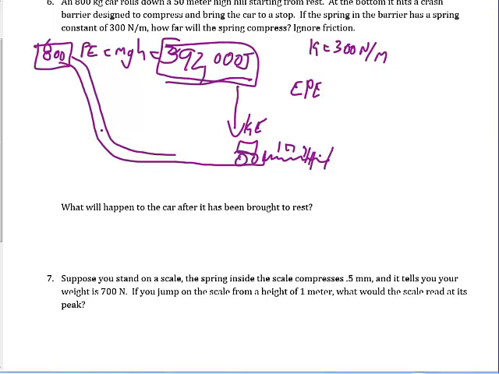Okay, and so since no energy is lost to friction, we're going to say our elastic potential energy when the spring is all the way compressed is 392,000 joules, right? Because that spring is going to bring the car to a stop, so it has no kinetic energy anymore. And this is 1/2 k, which I know is 300, times x squared. So my 392,000 times 2, right, divided by 300, square rooted, and we get a fairly large number.